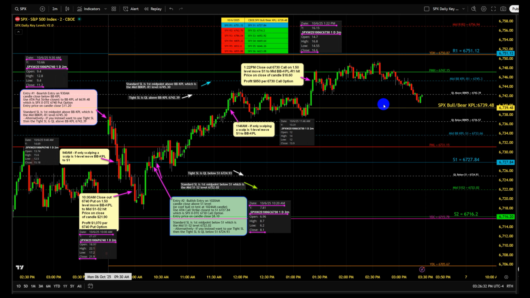Okay, so there's no rule that says you have to take lotto plays. Lotto plays are going to be high risk, high reward plays, and what you're generally looking for with those sorts of plays is options somewhere in the 30 to 50 cent range up to say maybe $2 to $3 range.